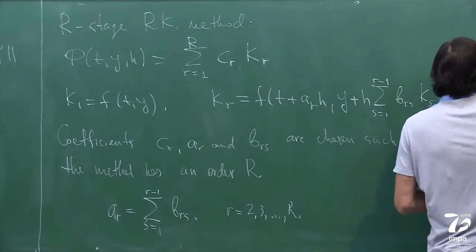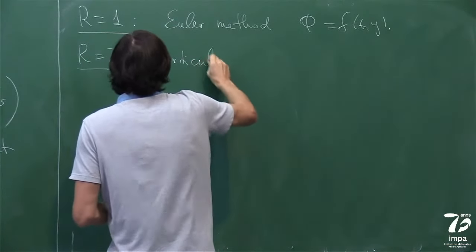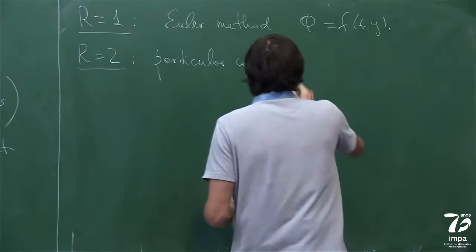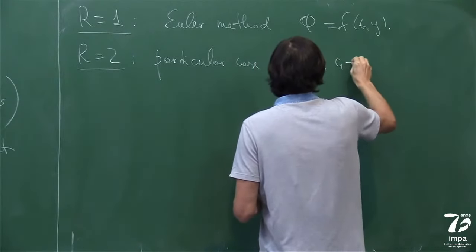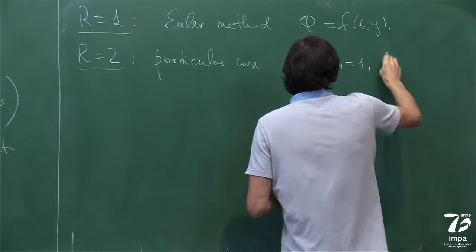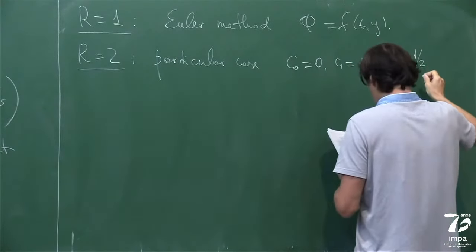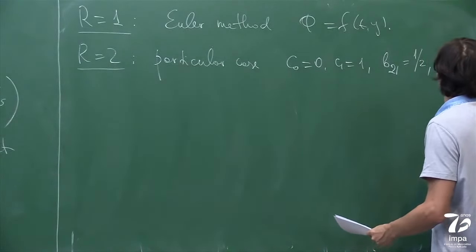So r equal 2. In the particular case, you can take C0 to be 0, C1 equal 1, B21 equal 1/2, and then it gives you A2 equal also 1/2.